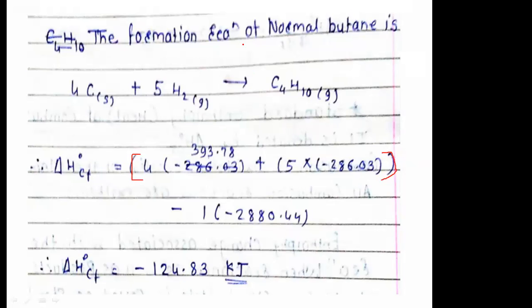Just check, Asmita Sarvade, your answer. Writing minus 124.83. Just check: 4 into minus 393.78 plus 5 into minus 286.03. Yeah, Abhishek Jadhav got minus 124.83.